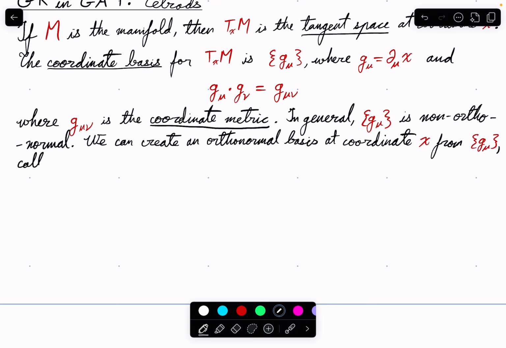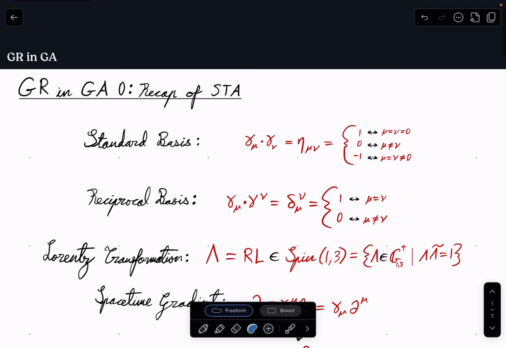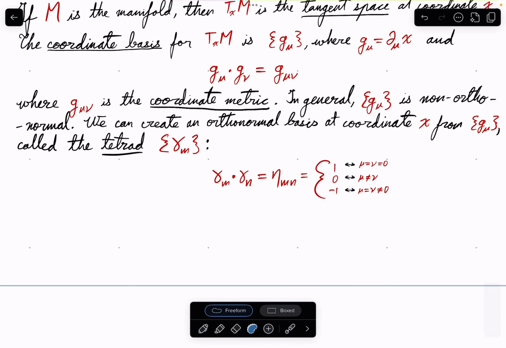And this is called the tetrad, and it is written gamma_m. The tetrad satisfies the Minkowski metric: gamma_m dotted with gamma_n is equal to eta_mn, which is going to just be the diagonal of 1, -1, -1, -1. I'm going to just copy it from up here.